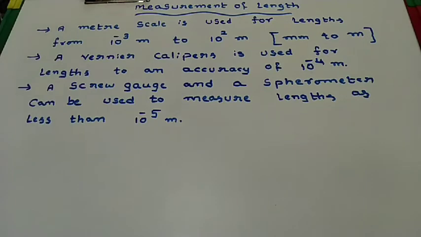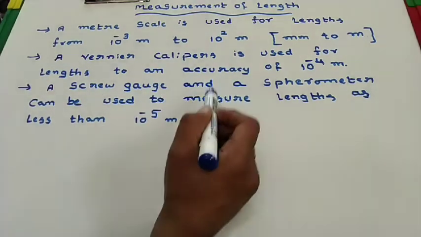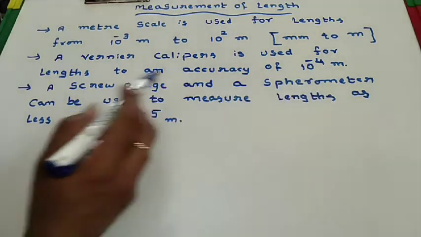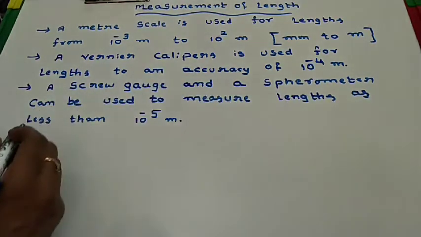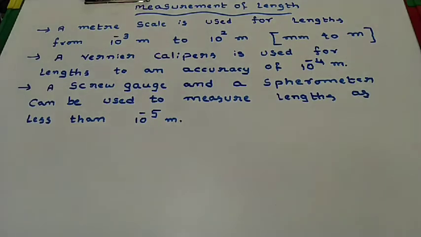Once again, I am repeating this point, my dear students. A screw gauge, it is an equipment, and a spherometer, it is an equipment, can be used to measure length as less than 10 to the power of minus 5 meters.